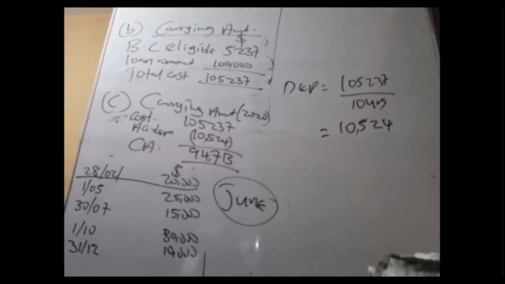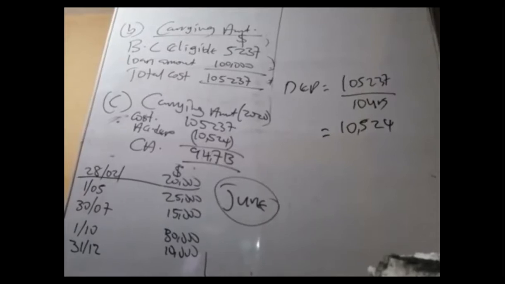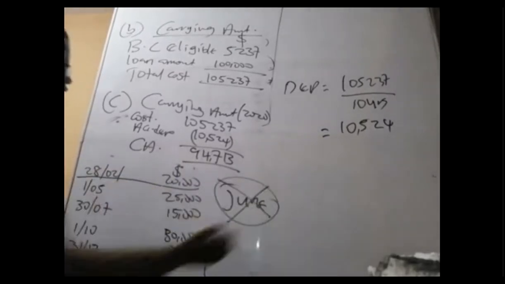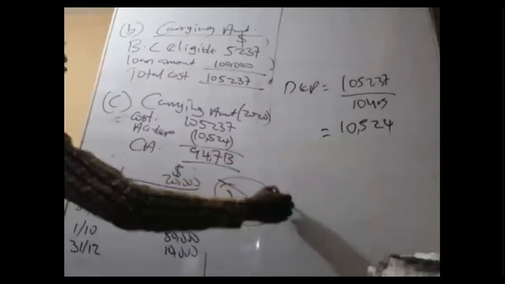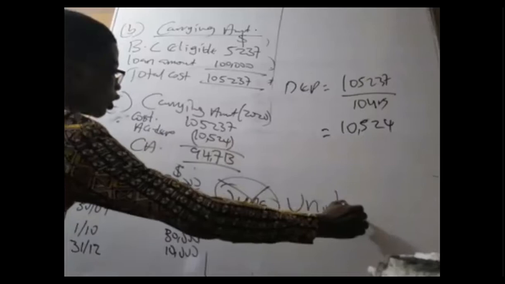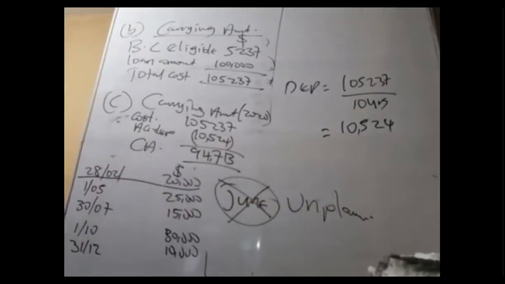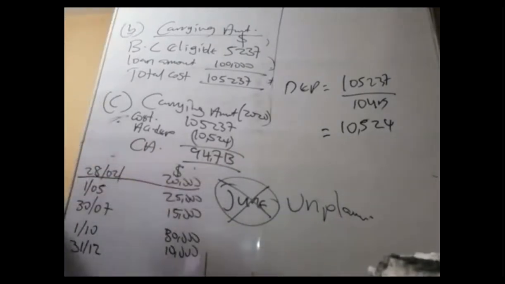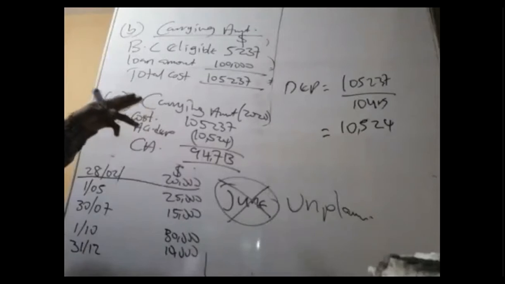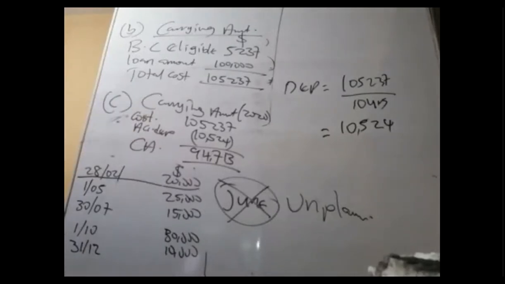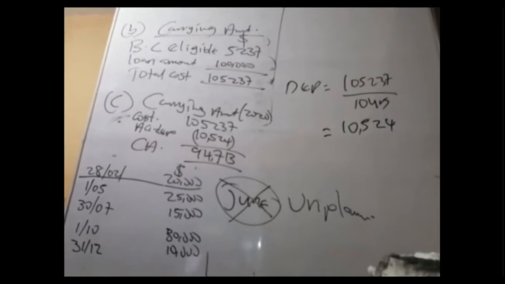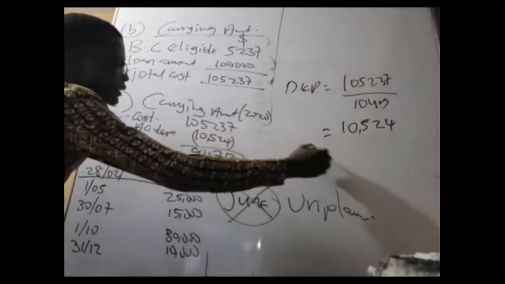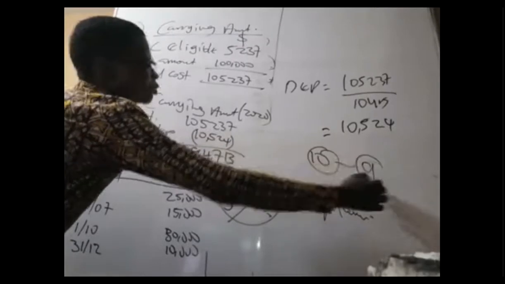How will it affect the calculation? Tell the examiner that because this activity is unplanned, borrowing cost must be suspended for the month of June. So in the calculation of the total interest, where we had 10 months, it will be reduced to 9 months. Why?